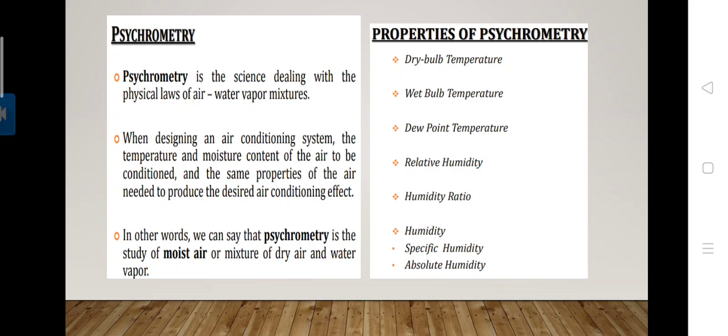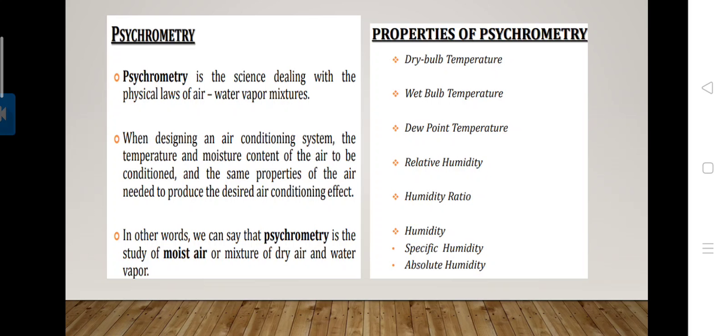So, the science which deals with the study of behavior of air and water vapor mixture is known as psychrometry. The properties of air and water vapor mixture are known as psychrometric properties or psychrometric terms.